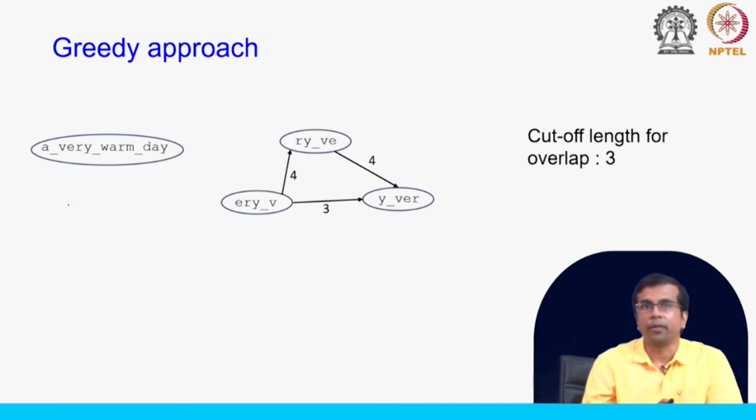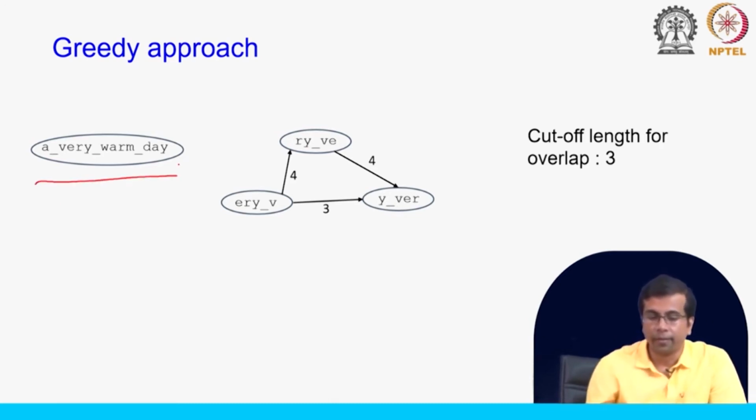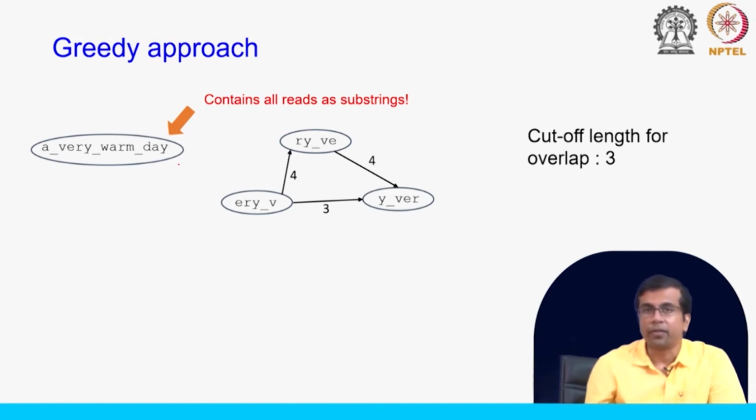So, what you then end up with is 2 different or 2 disconnected fragments. But if you notice here, okay, this actually contains all reads as substrings. Okay. Here you see that this one is giving all reads as substrings, right. So, it contains all the reads in this string as substrings, okay.